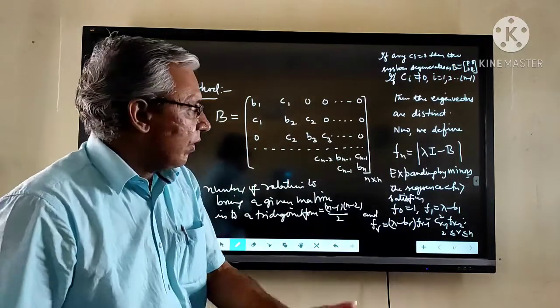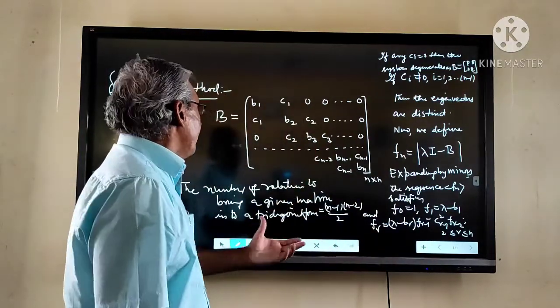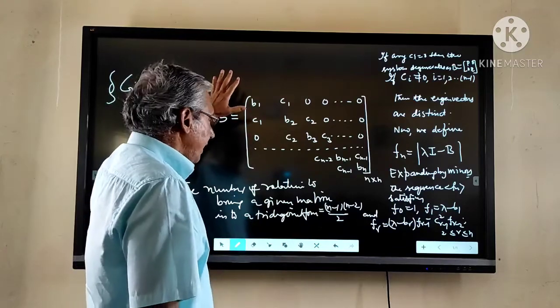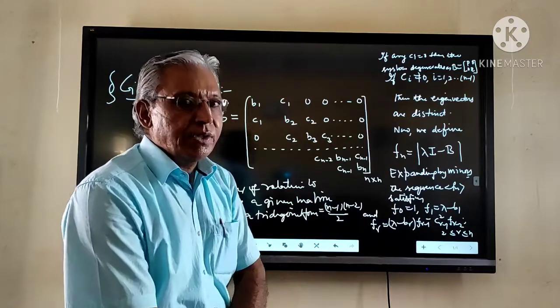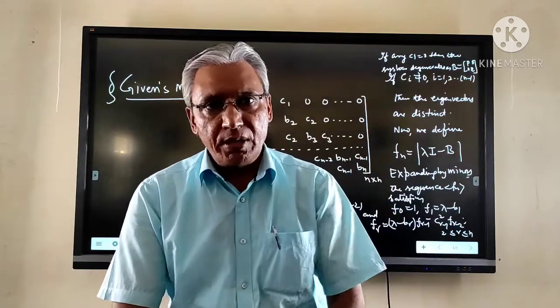We already know that the given matrix A and the obtained tridiagonal matrix B have the same eigenvalues.